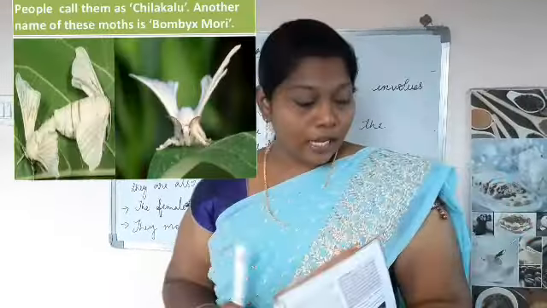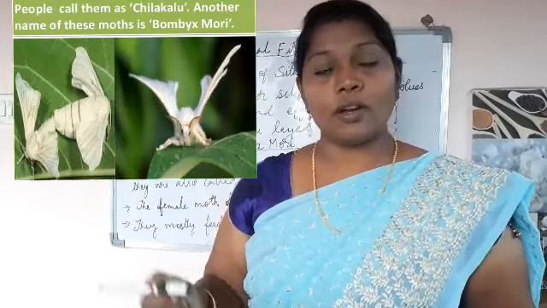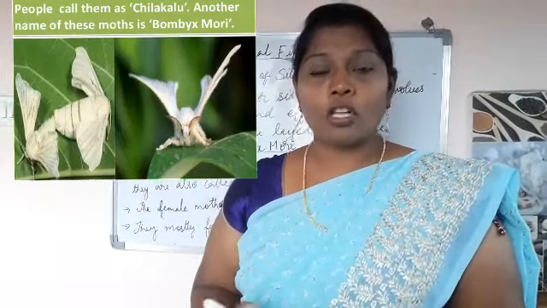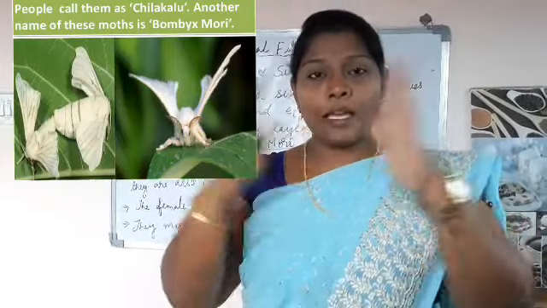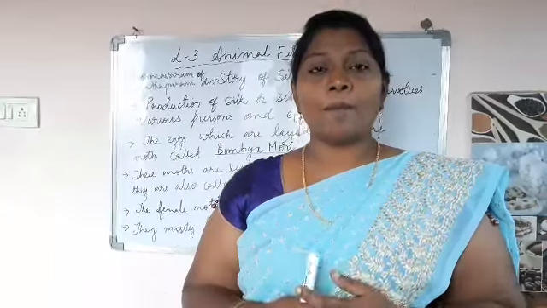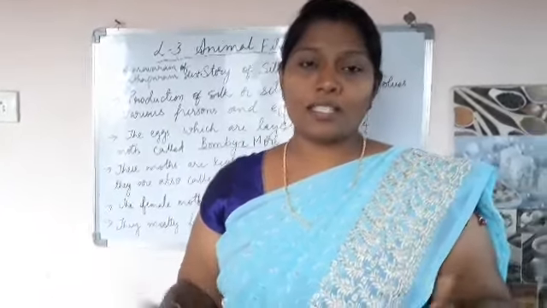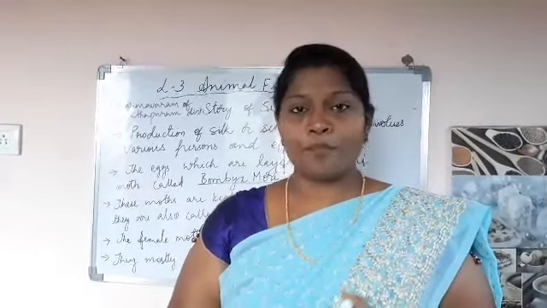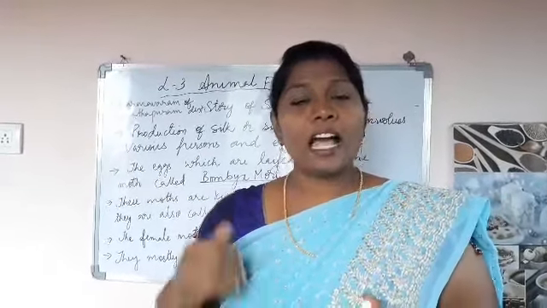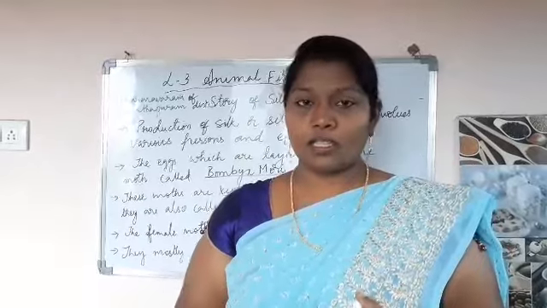See, children, the farmers who are rearing these silk moths prepare large metal boxes or iron mesh boxes in which they keep this Bombyx mori moth. Okay, they started rearing this moth there.